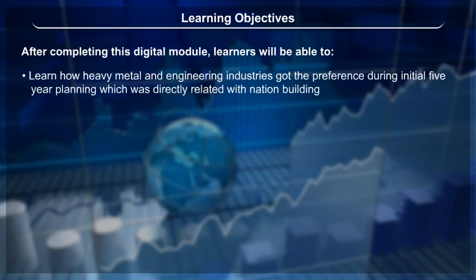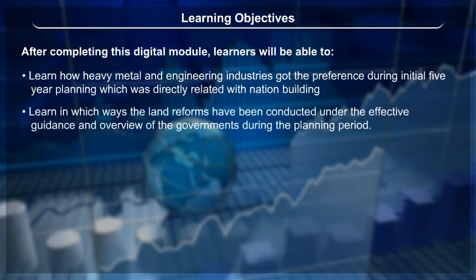Learn how heavy metal and engineering industries got preference during the initial 5-year planning, which was directly related to nation building. Learn in which ways land reforms have been conducted under the effective guidance and oversight of the governments during the planning period.